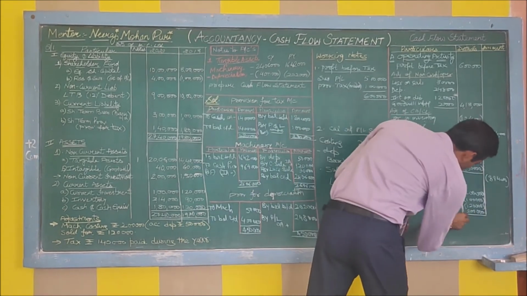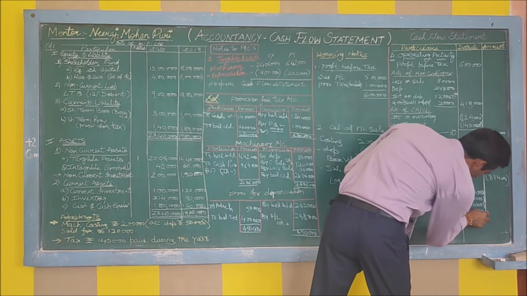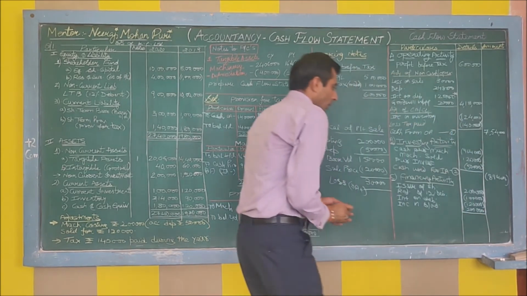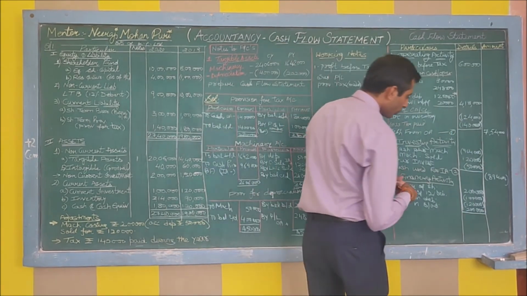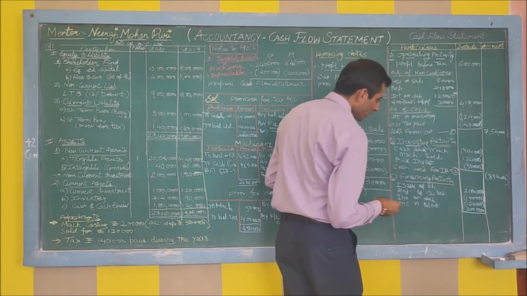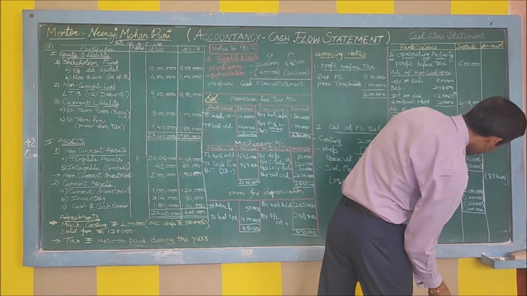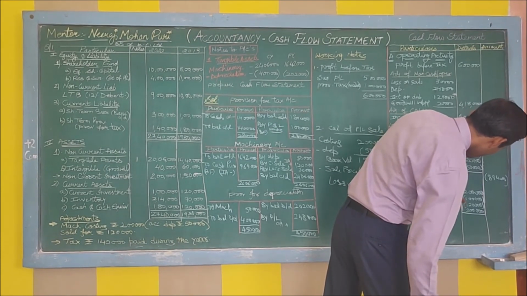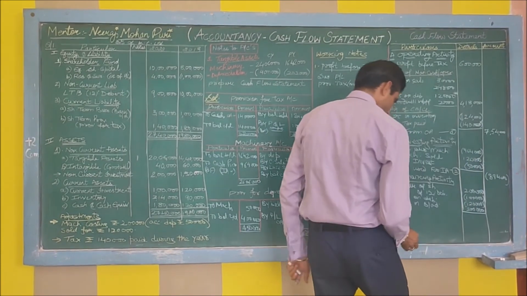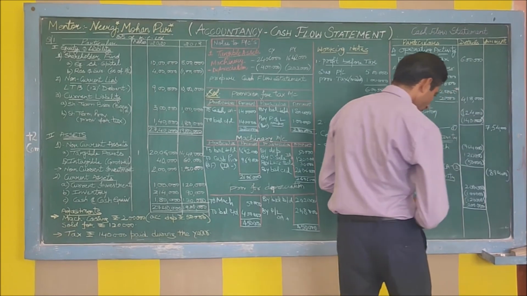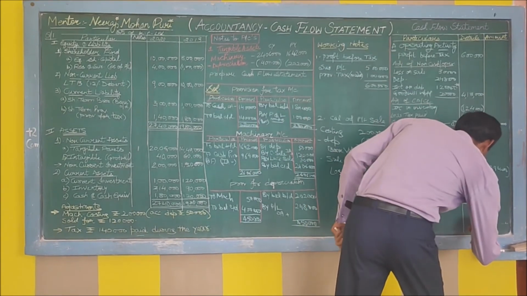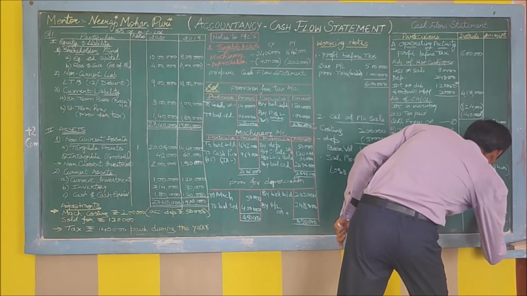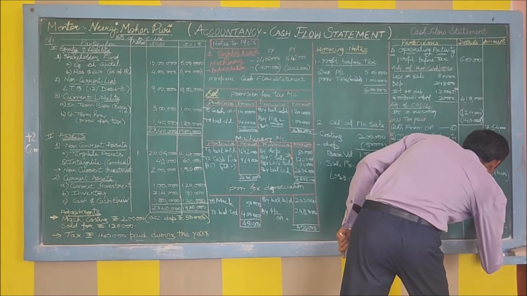Now we are just 2 steps away from our final answer. Calculate the net flow from financing activity. It is 2 lakh minus 1 lakh is 1 lakh, and then this is 2 lakh, 1,80,000. 1,80,000 is our positive answer.